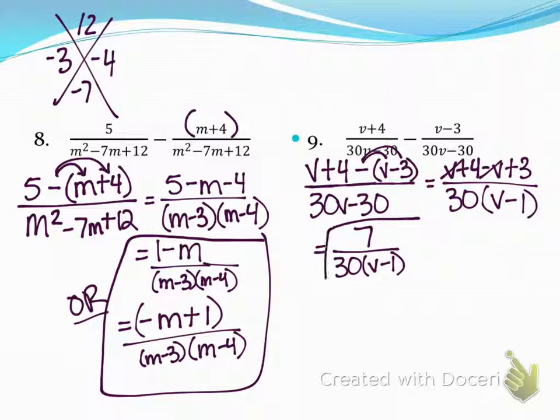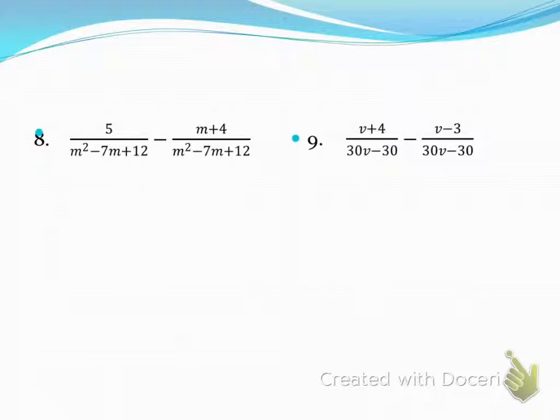Nope. So that is my last step, final answer. If we'd gotten a 6 instead of a 7, then we would have wanted to reduce it. But 7 does not reduce with 30, so we are finished. Questions, concerns? Okay, we'll keep on going.